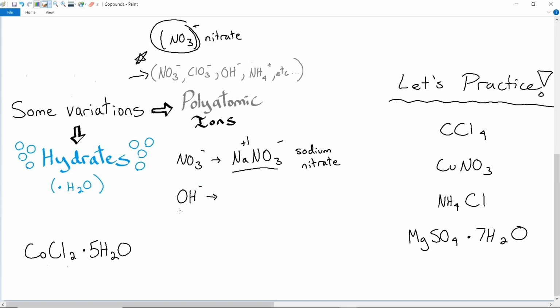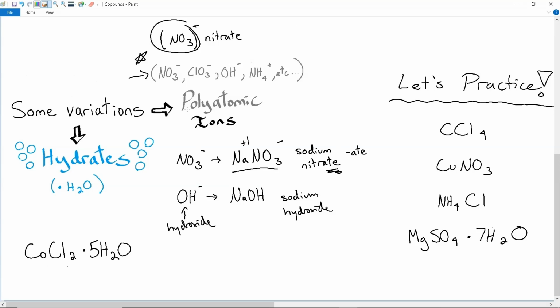What about this one down here? This is a hydroxide ion. Now it's got a different name. Most of them are going to use kind of an "ate" suffix, but not to worry, the naming conventions are the same. We've got sodium, we've got hydroxide, so this is just sodium hydroxide.